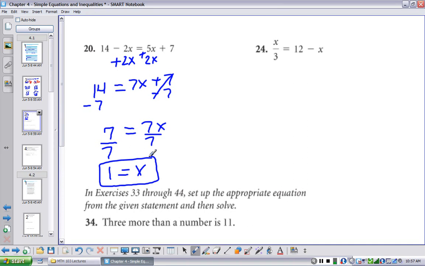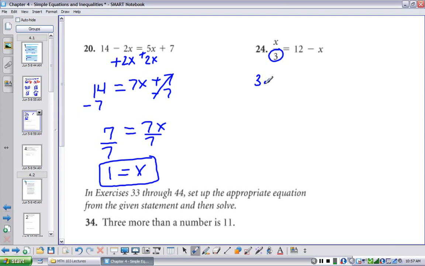All right. Now we have an equation involving a fraction. And if I'm not mistaken, this is the first one that we've had so far that involved a fraction. And remember, it said that if we have any fractions in our equation, then we need to get rid of them. So we look, 3 is the only denominator that we have. So that's going to be our common denominator.